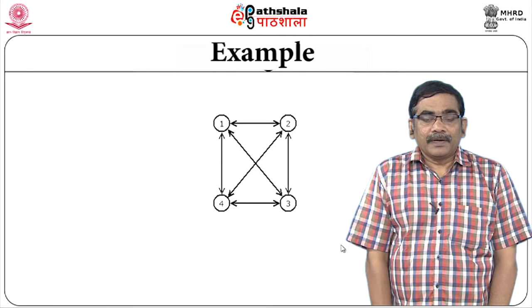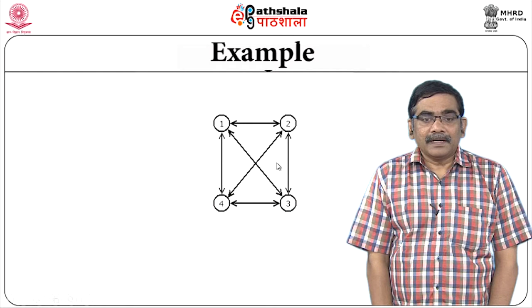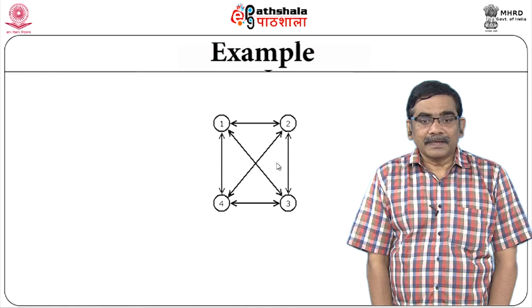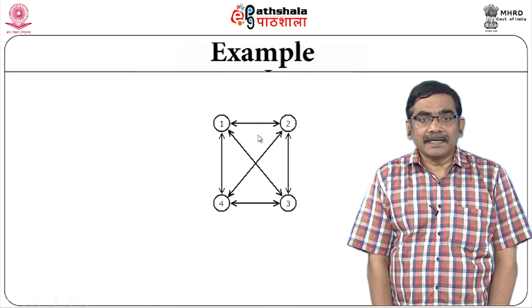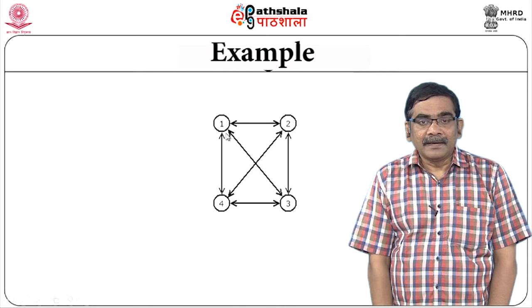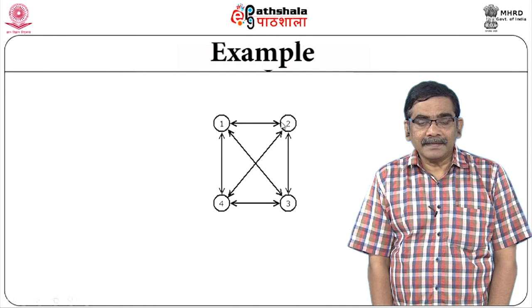So, before going for the formal algorithm, let us have the illustration. Let us assume that this is the graph that is given. This is TSP. So, I have to start from city 1, then I have to visit all other cities, then I have to come back to the home city.